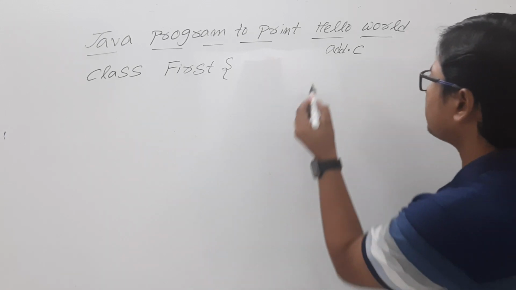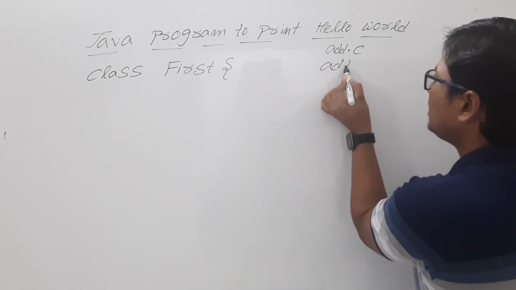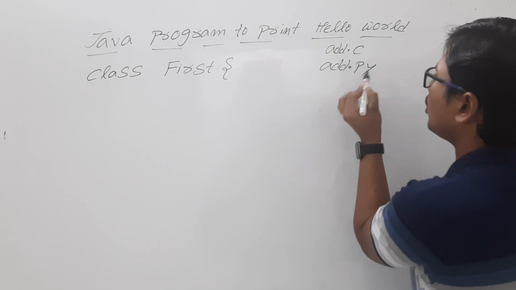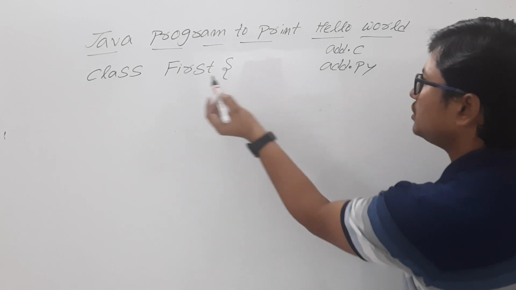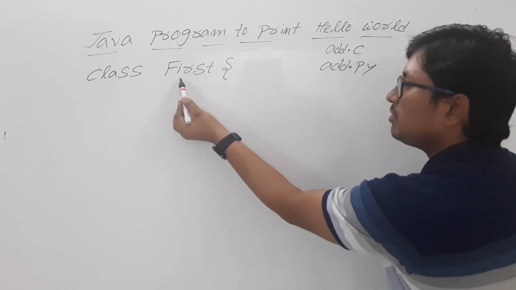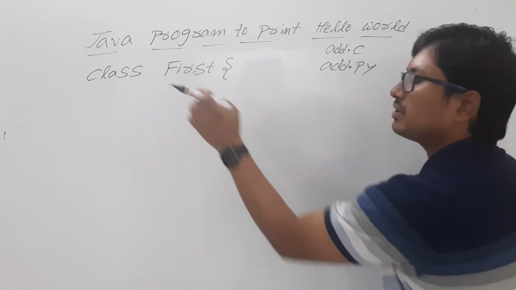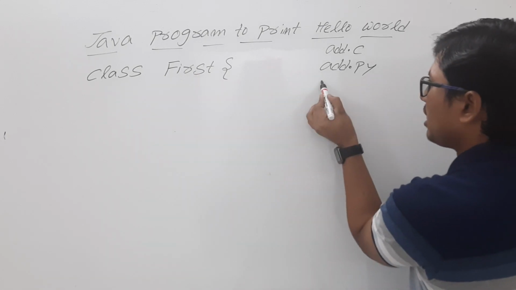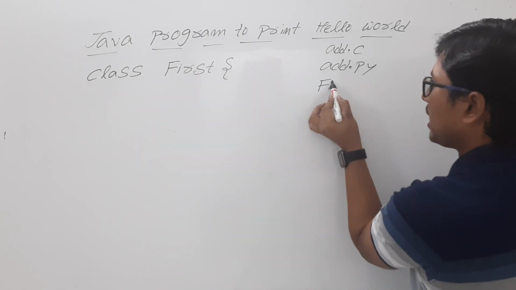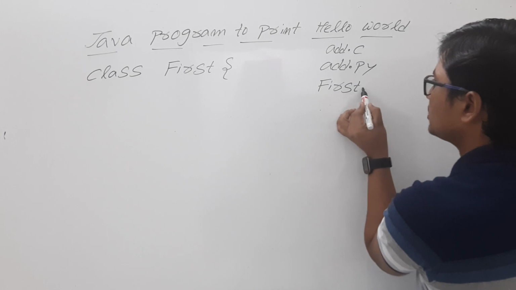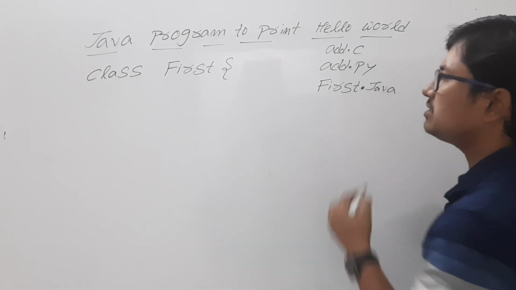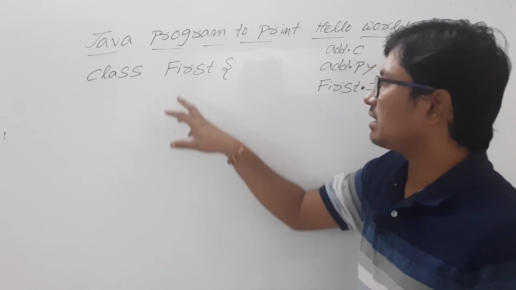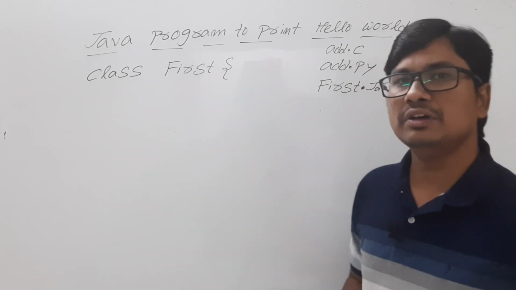Similarly, when we write a Python program, we will save the file with the extension .py. Similarly, in Java, you need to keep the file name the same as the class name. So as I am writing this program as class first, I need to save it as first.java. This is compulsory. The class name should be equal to the file name.